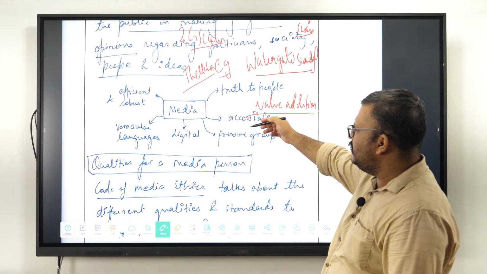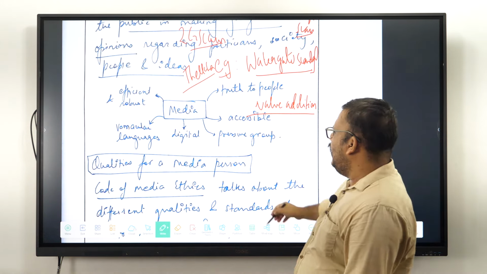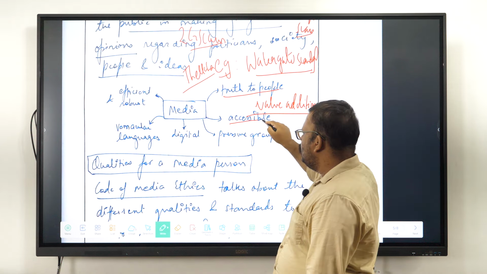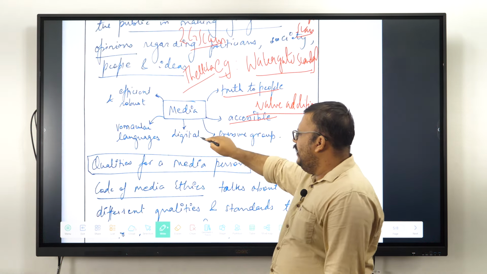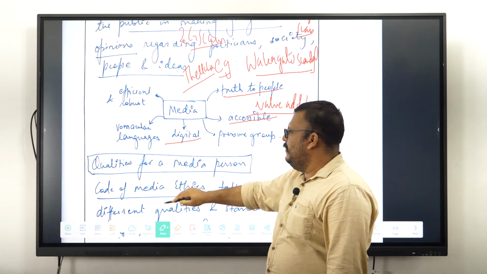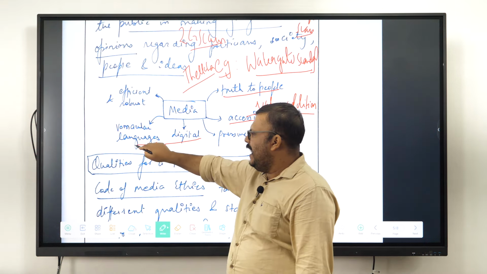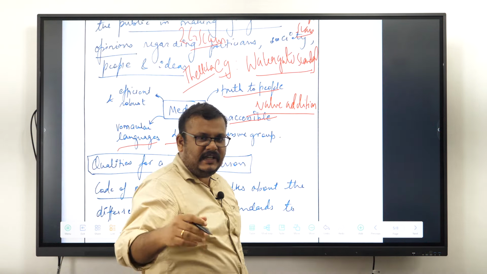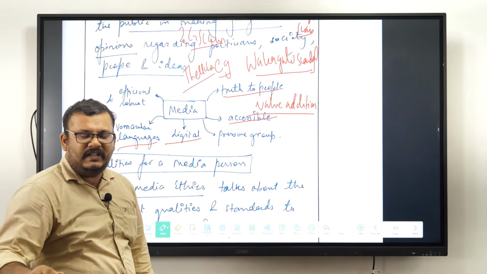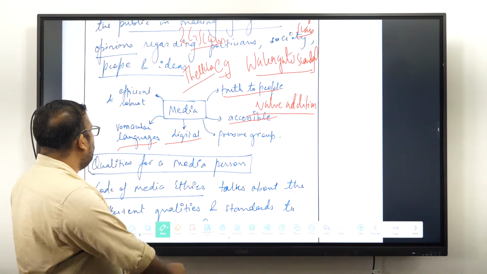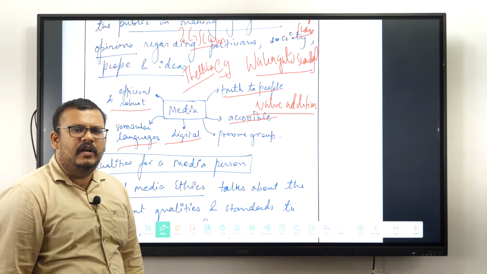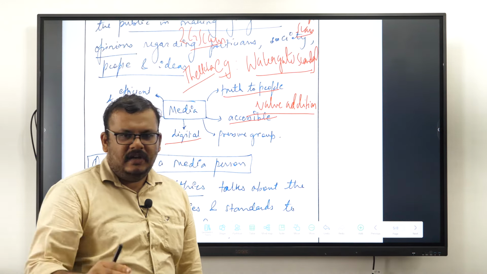So he showcases what media is doing: it is bringing truth to the people. Media should be accessible. Through digital media, it can present ideas in various vernacular languages, so all sections, irrespective of their literacy level, will be able to understand. There is efficiency and robust character. So such a presentation will enrich the answer.